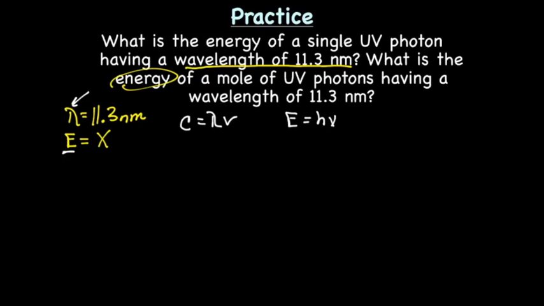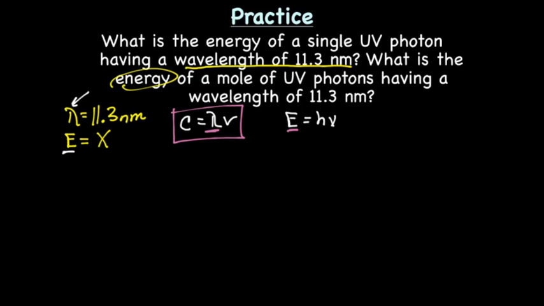All right, because we know wavelength, but want to get to energy, we're going to end up having to use both of these equations to solve, starting out solving for frequency. So let's start with using this equation.